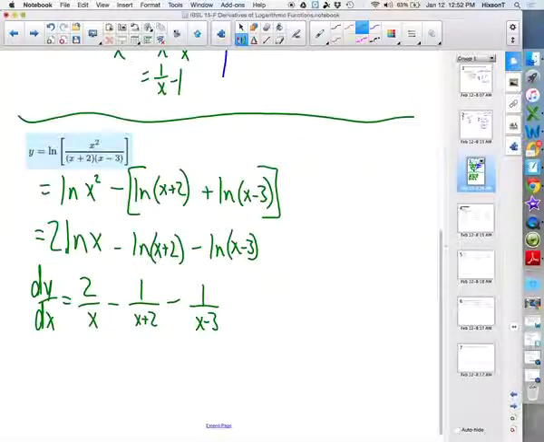Should we make a common denominator or just leave it like that? I would leave it like this at this point, unless we have a purpose to put it all together. Like, if this were a problem where it said, where does this equal 0, then I would bother doing that.